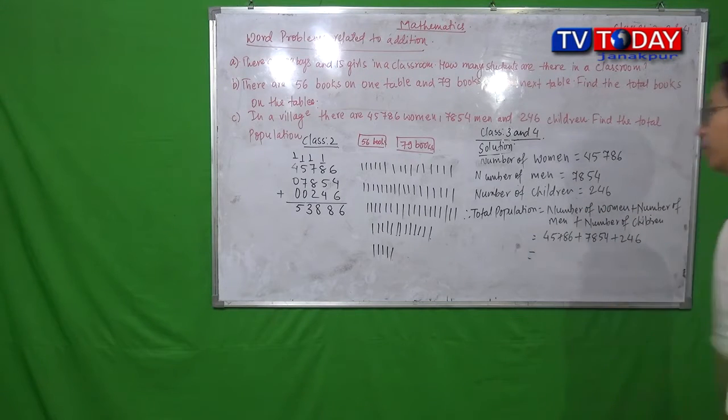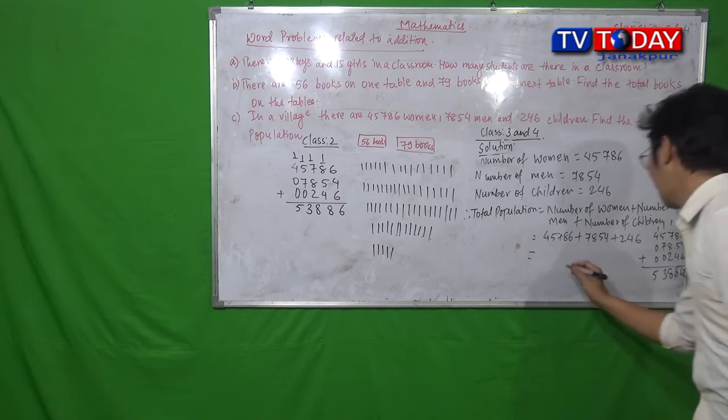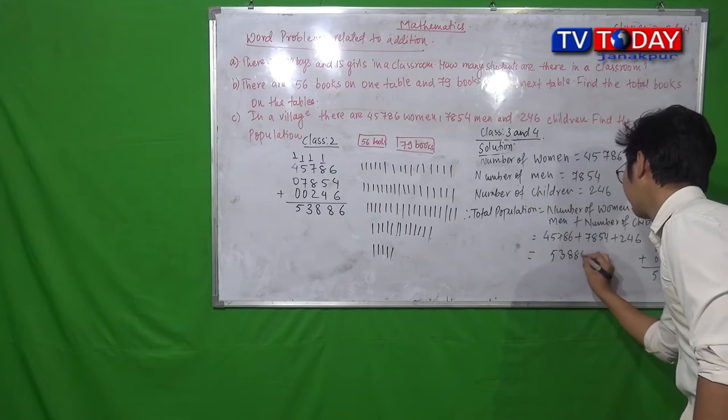Now add all these numbers. Add here 16, 6, carry 1, 18, 8, carry 1, 18, 8, carry 1, 7, 5, 12, 1, 13, 3, carry 1, 4, 1, 5. So, you have your answer 53,886.